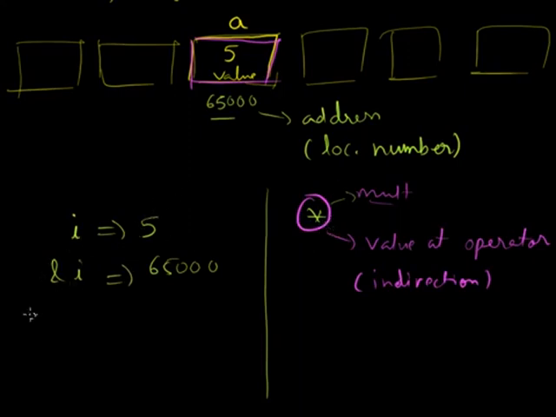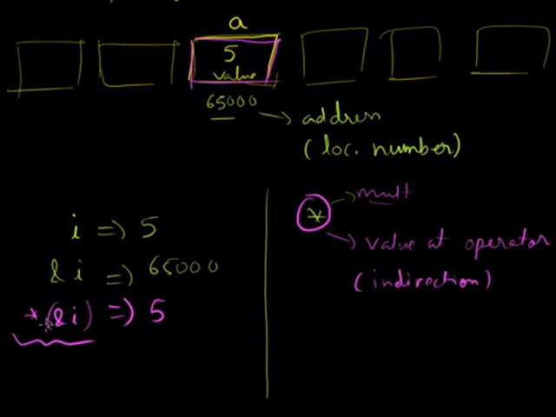So if I say star of ampersand I, what would we get? We would get 5. If you don't understand this, let us put it this way.